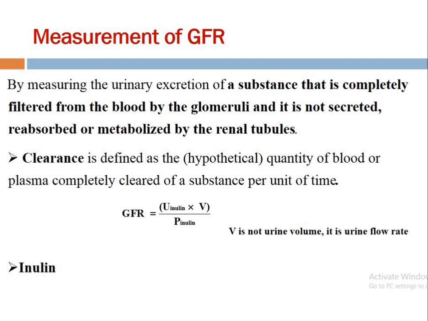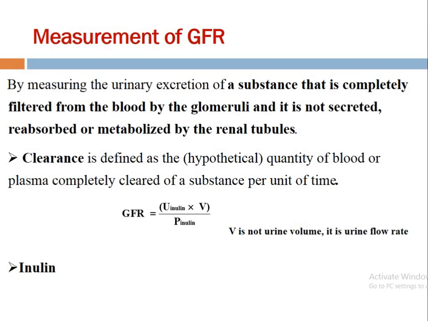The other properties of any substance that can be injected and used for calculating GFR: it should not be metabolized. It should be non-toxic, and it should be freely filterable. It should not be reabsorbed. It should not be secreted. All these properties should be there in a substance which can be used for the measurement of clearance.